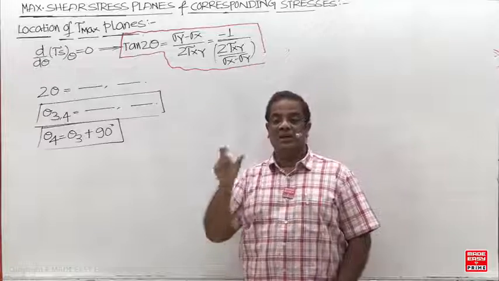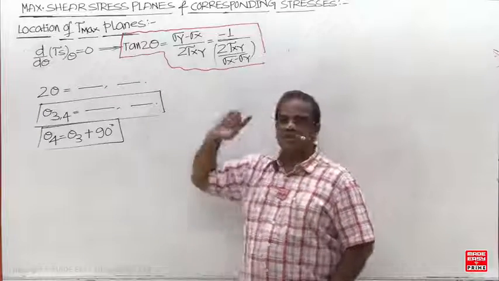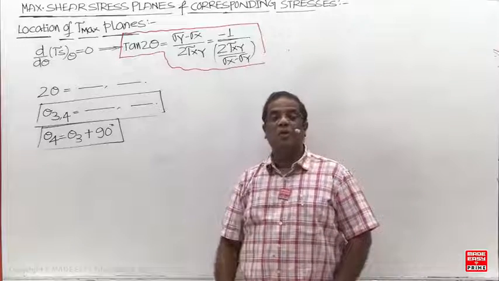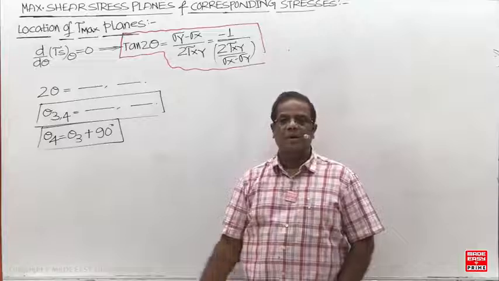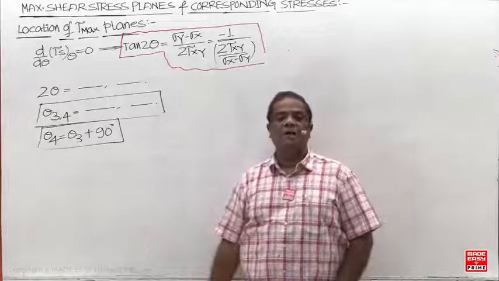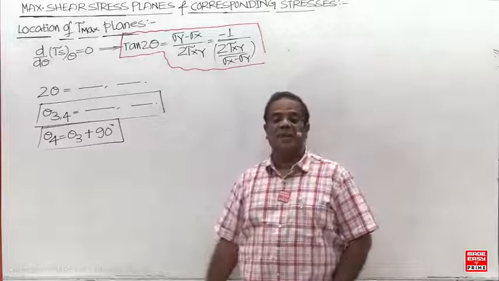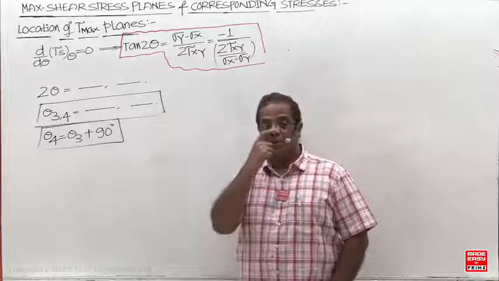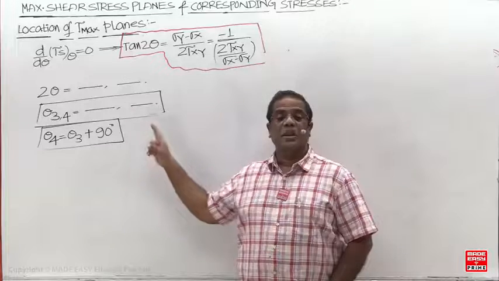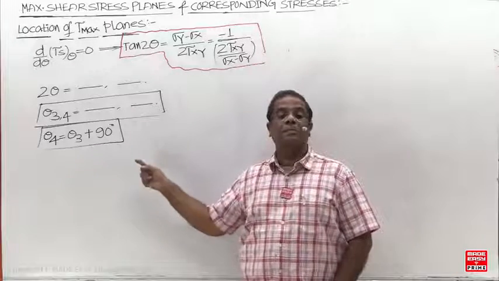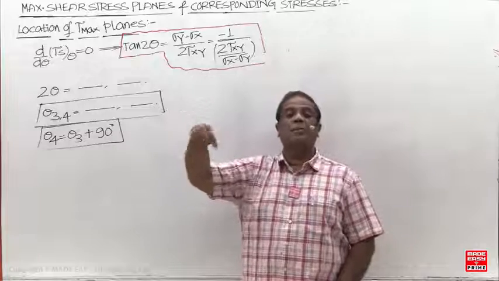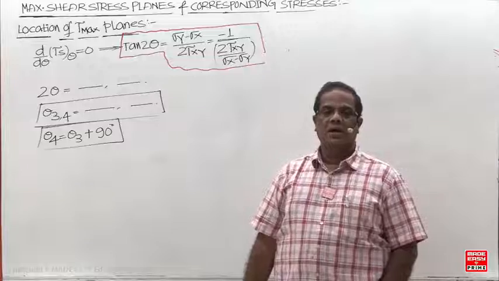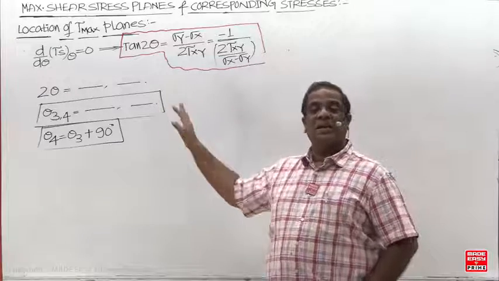But if you already know the principal plane location, then this equation is optional. Why? Because these planes are always at 45 and 135 degrees to the principal plane. The angle between the principal plane and tau max planes is 45 degrees. So the equation is compulsory when principal plane locations are unknown, but if you already know them, the equation is optional.